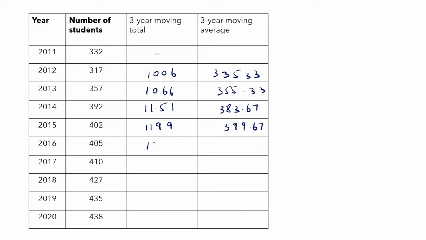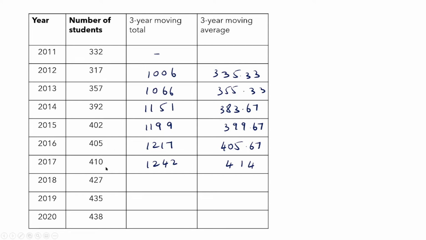It is 1217 divided by 3, 405.67. Then for 2017, the 3-year moving total is 405, 410, 427. The sum of these three is 1242 divided by 3. It is 414.